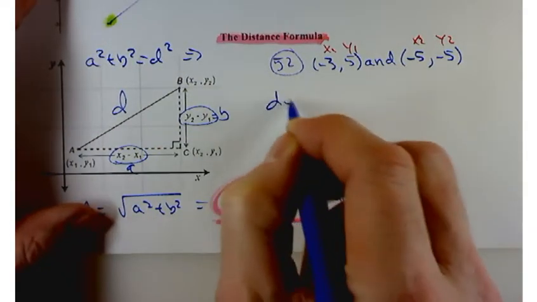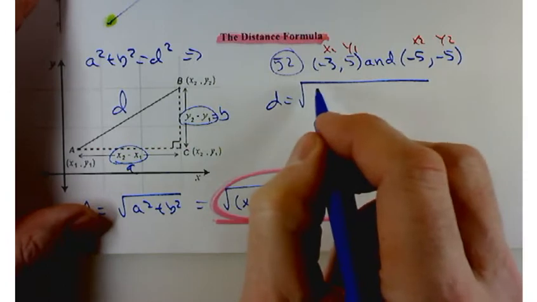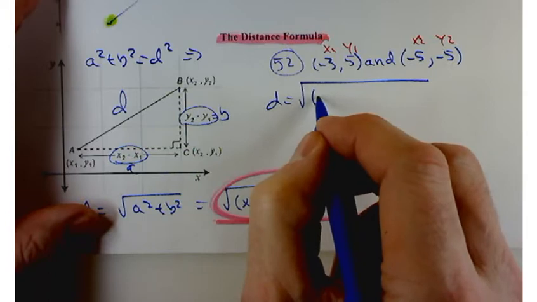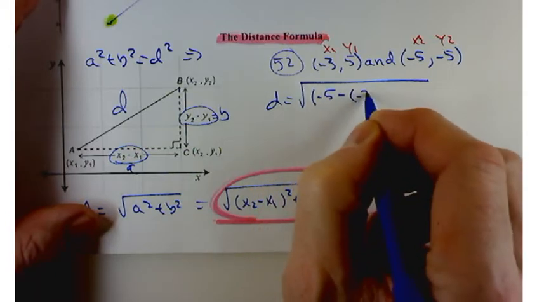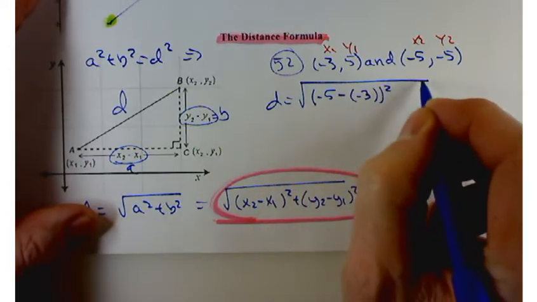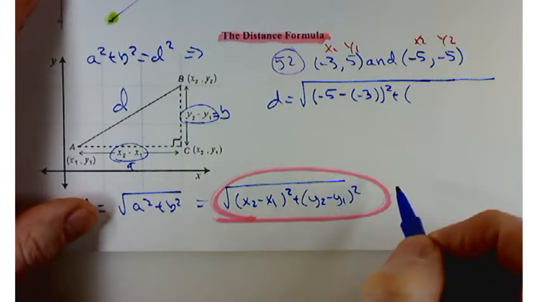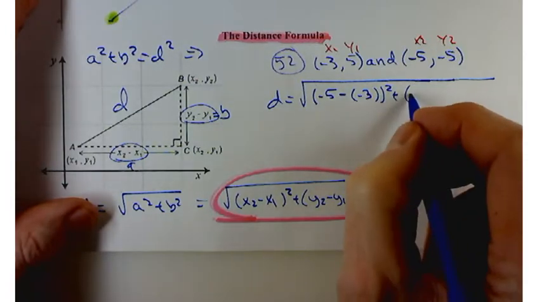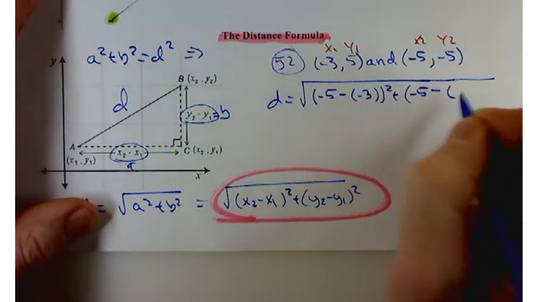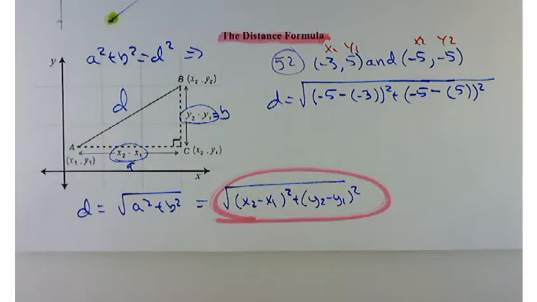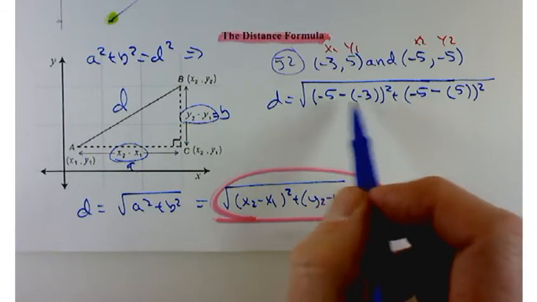So the distance is going to be the square root of x2 minus x1 squared. So -5 minus -3 squared. y2 minus y1 squared. So -5 minus 5, again, squared. You have to be careful here with the double negative.